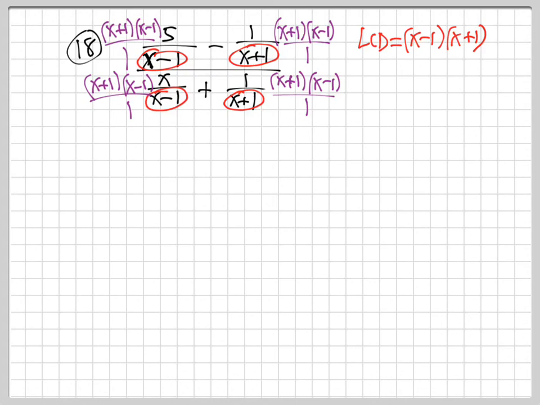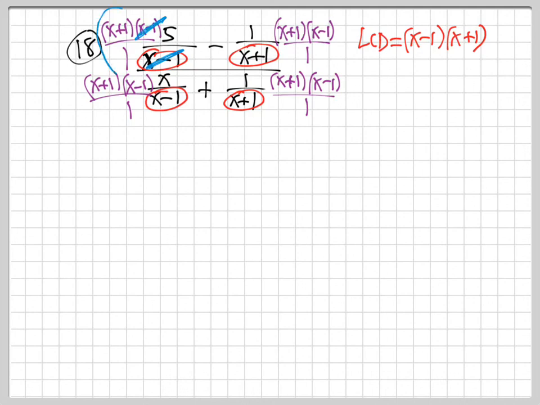These are getting kind of ugly, huh? And then we cross-cancel whatever matches. So I'm going to cross cancel x minus 1 and x minus 1.